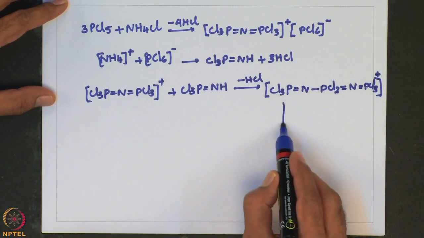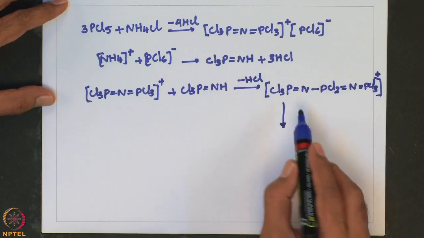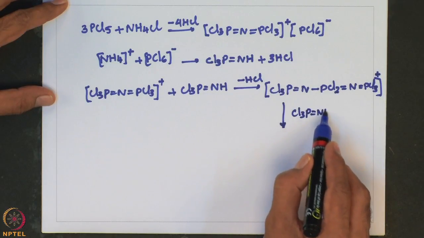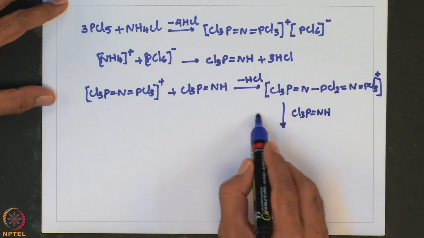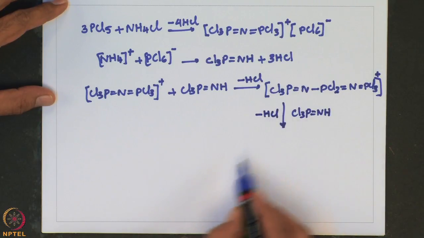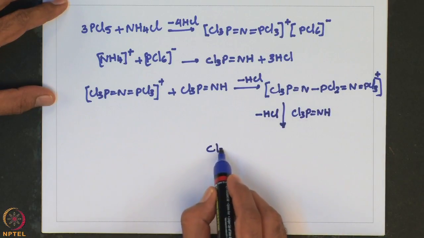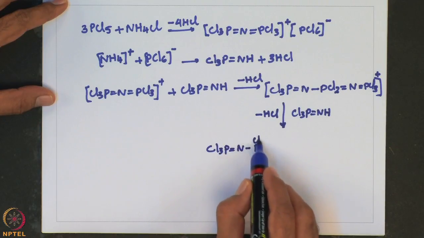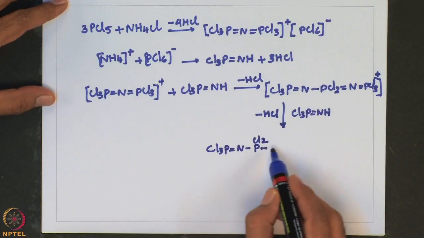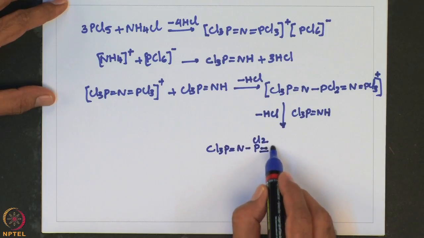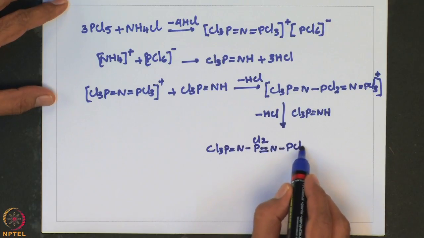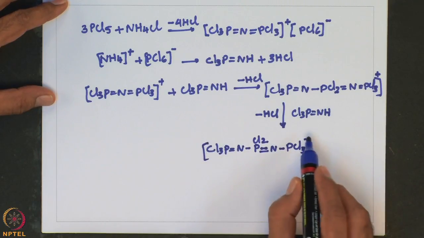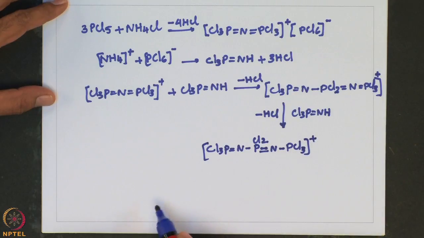So, this essentially gives back Cl3P=NH again, to form this cation.